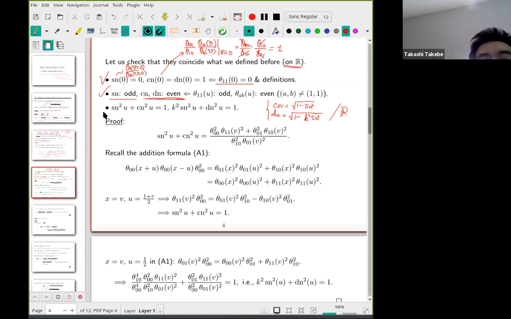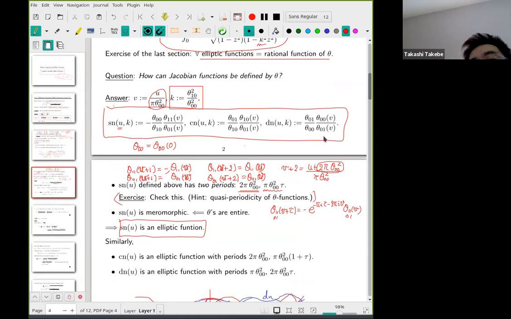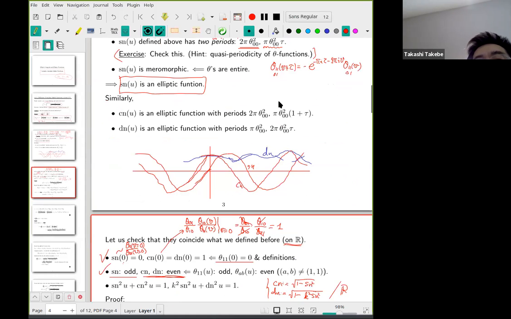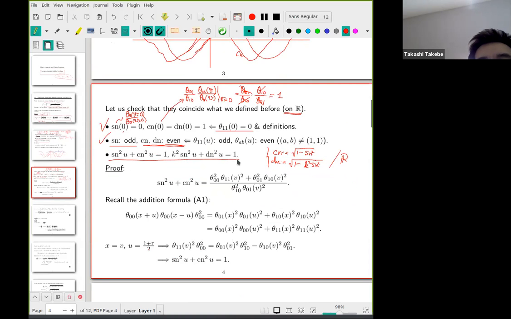But in our case, when we define sn, cn, dn by this formula, these relations are consequences of addition formulae of theta functions.